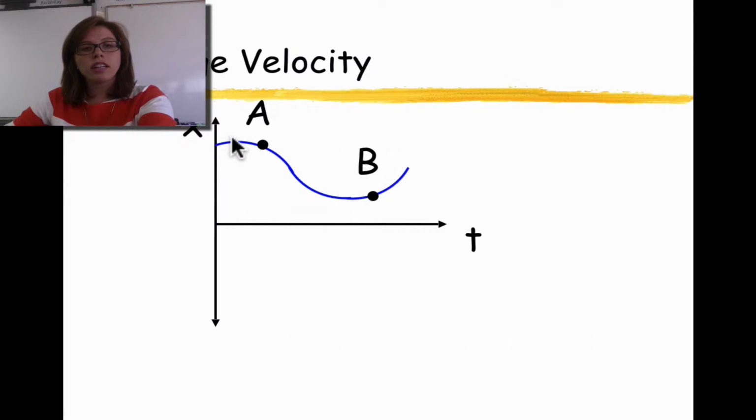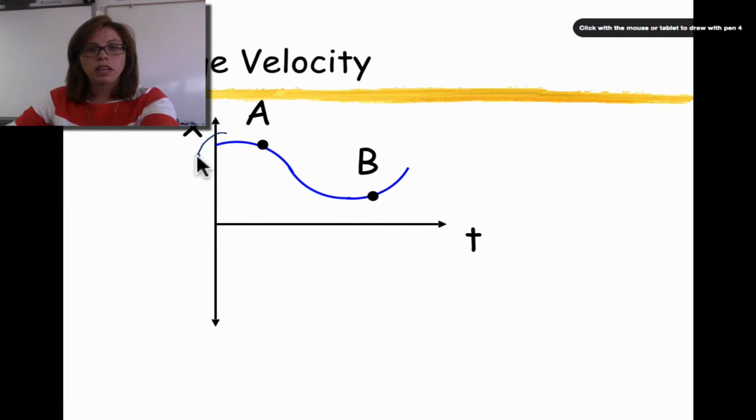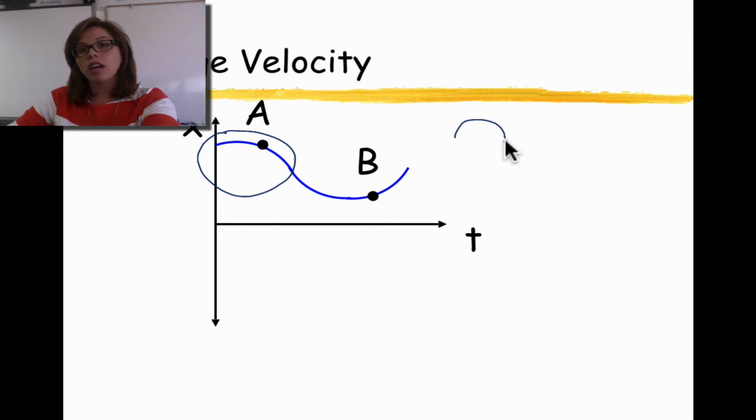Okay, so now let's look at this. This object is no longer going at a constant speed because there isn't a straight line, it's a curvy line. And over here, we could tell negative acceleration in this part right here because it looks like a frowny face. The curvature is negative, the curvature is down.